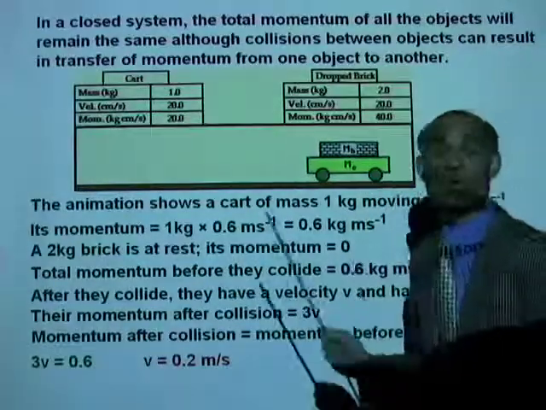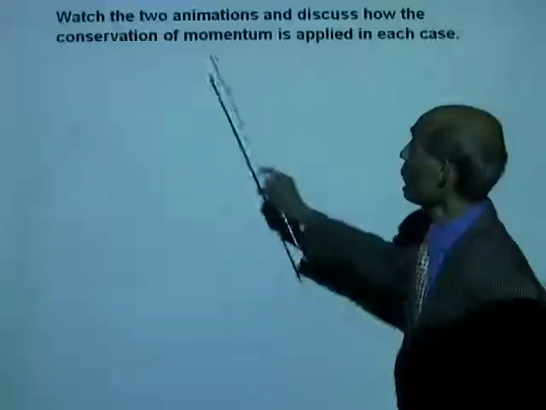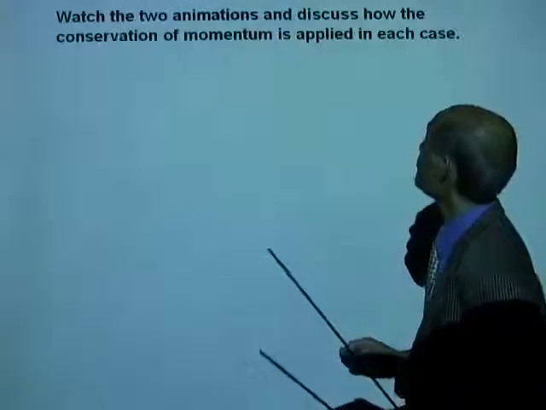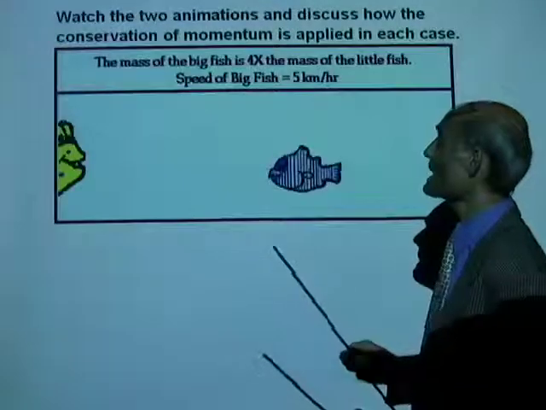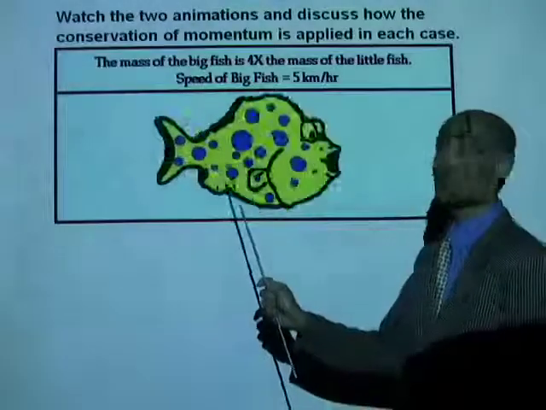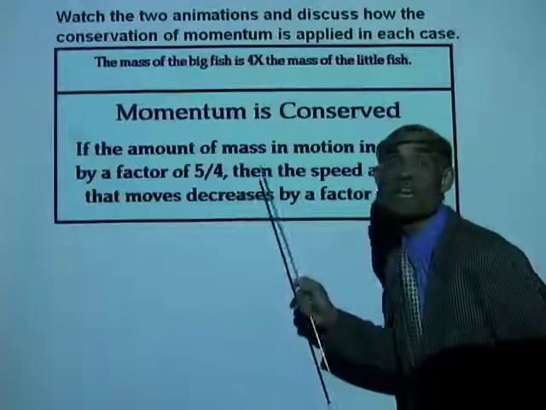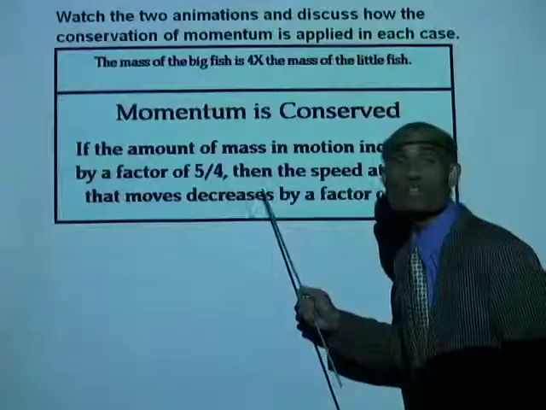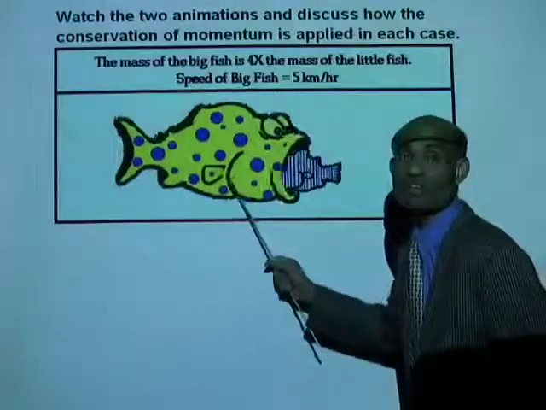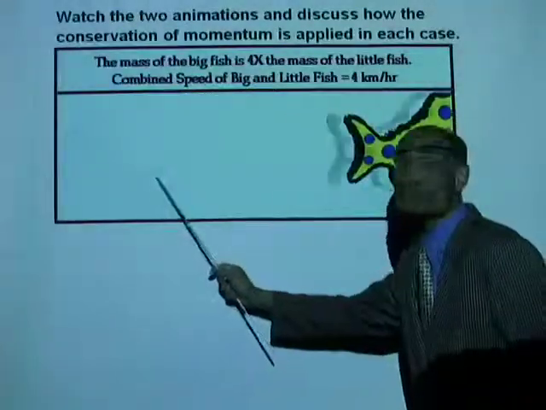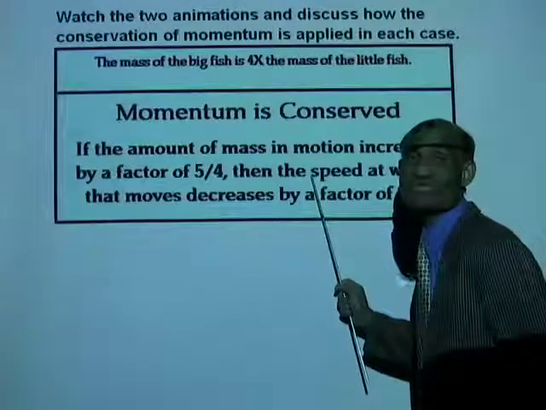Now, a principle of great application in our everyday life. Watch the two animations and discuss how the conservation of momentum is applied here. I'm not going to talk about it. Now watch this and see if there is any connection between this situation and the car and the brick. The big fish moving to the right swallows the small fish that is at rest.